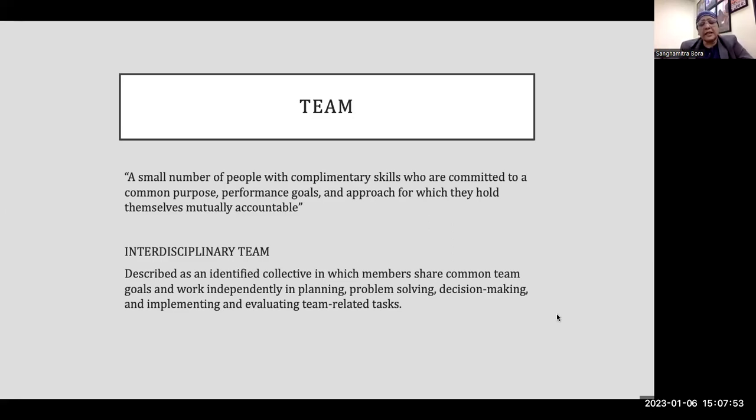Having said this, in palliative care, as of now also, the world has gone far in defining palliative care, the usage of palliative care, the importance of palliative care.